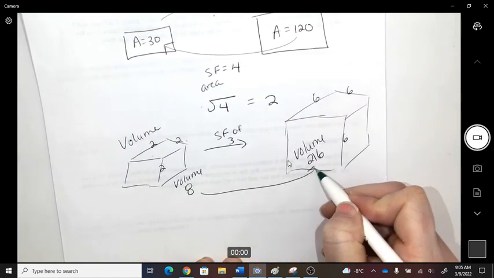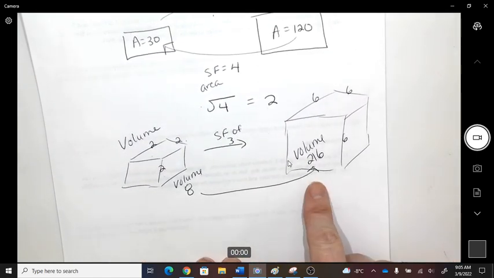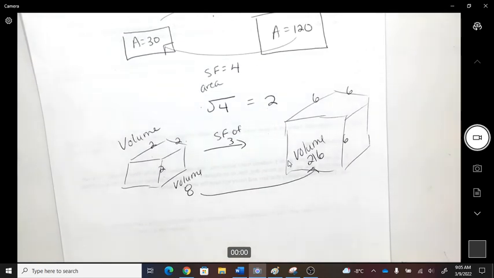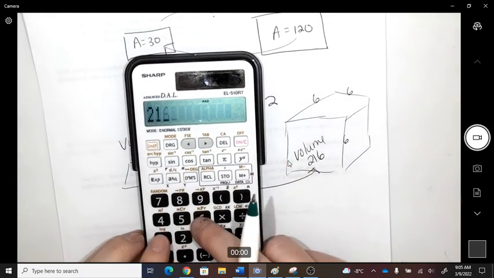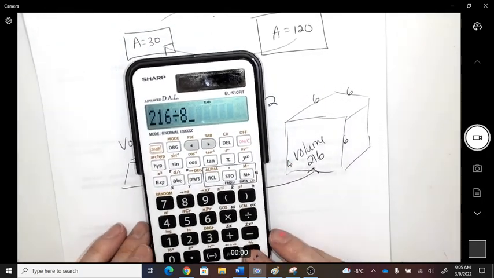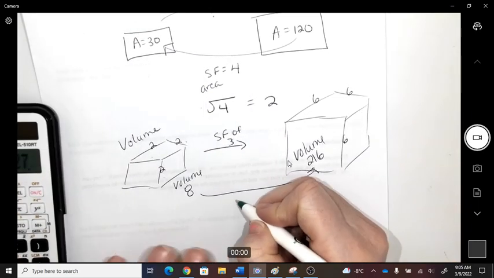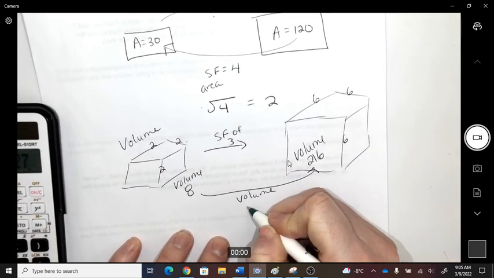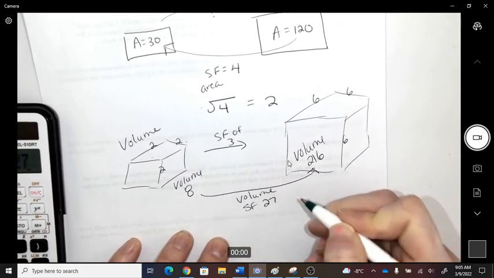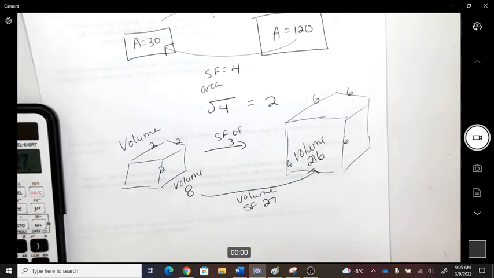So how did my volume change? It went from 8 to 216. That is definitely not tripled. My sides were tripled, so I'm going to go 216 divided by 8. So the volume scale factor is 27. The sides tripled, but the volume blew up 27 times bigger.